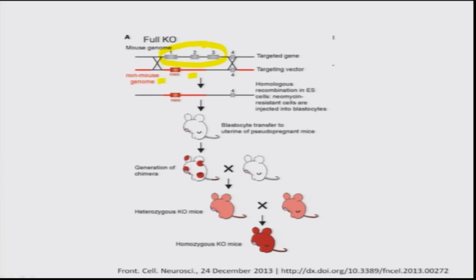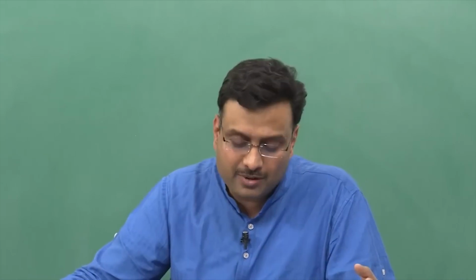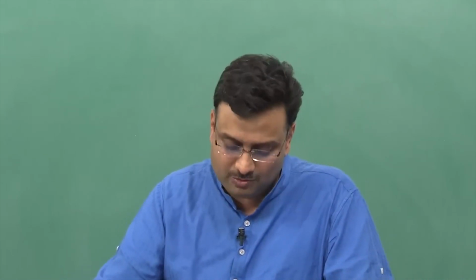You have derived the embryonic stem cells, and you have put that blastocyst having these embryonic stem cells inside a foster mother, and then these embryos grow. So in these animals you would have some tissues, some part of it derived from the embryonic stem cells in which you have changed the genome. That's what's shown here.